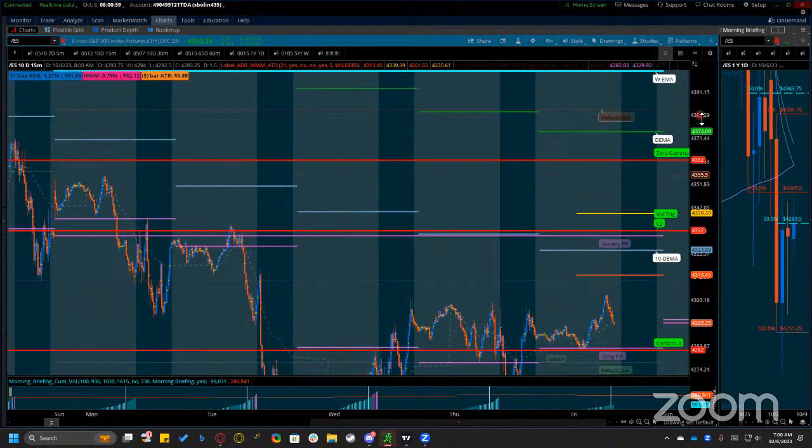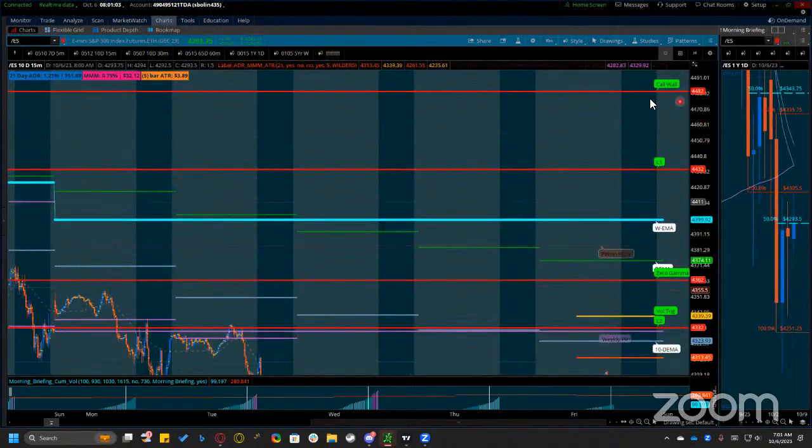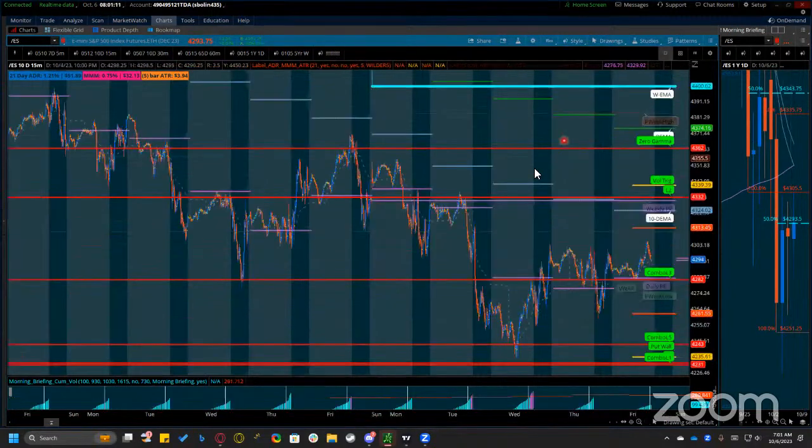So if we can get zero gamma 4362 and then the call wall at 4482, I know that feels like a long ways off, but the 21-day average daily range, or ADR, is 1.2%. Rather than using percentages, let's just use some dollar values.